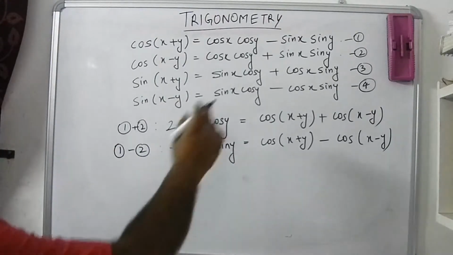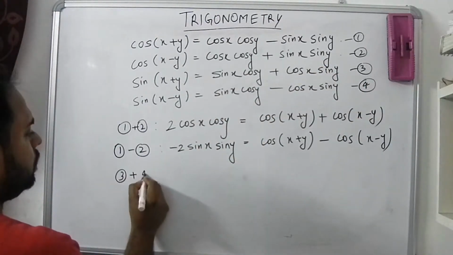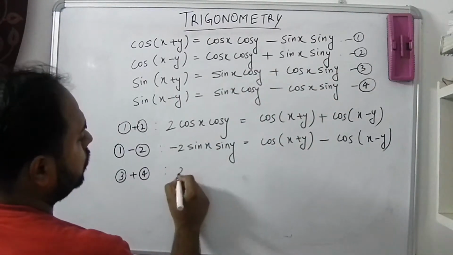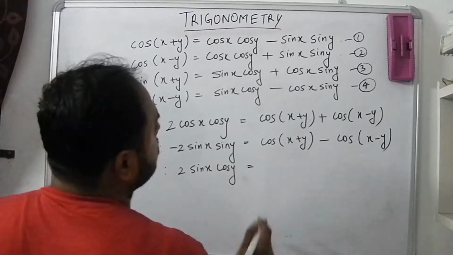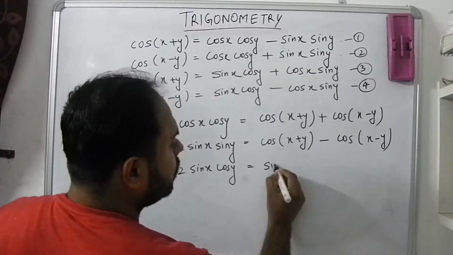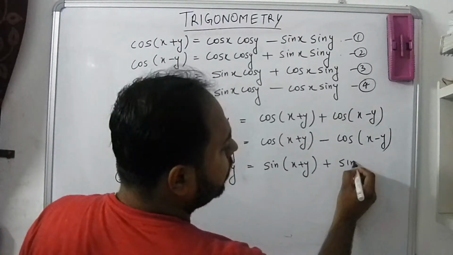Now likewise let's do 3 plus 4. When we do 3 plus 4, this gets cancelled and we get 2 sin x cos y, equal to sin of x plus y plus sin of x minus y.